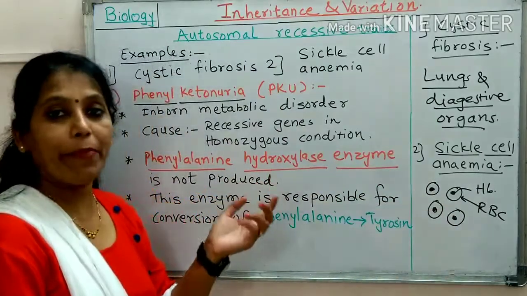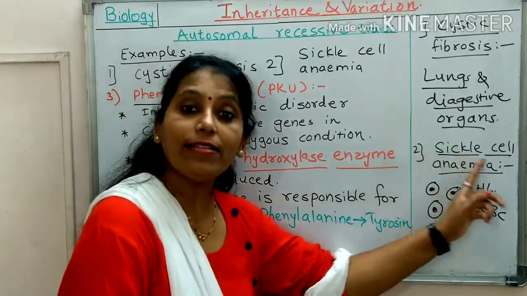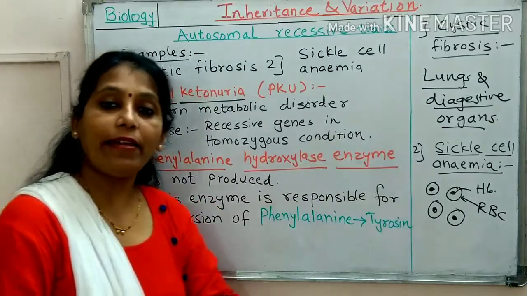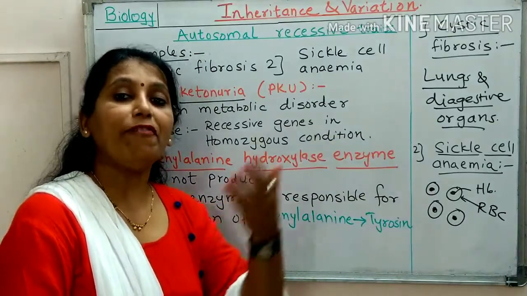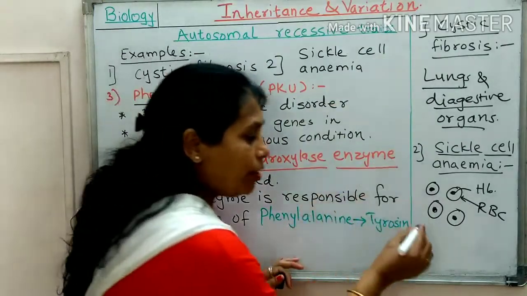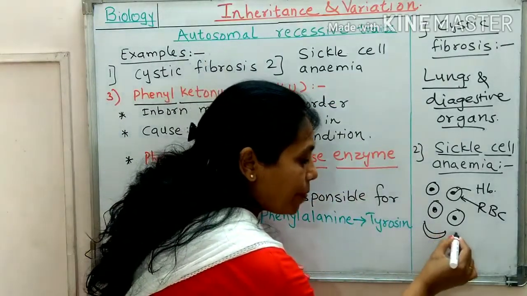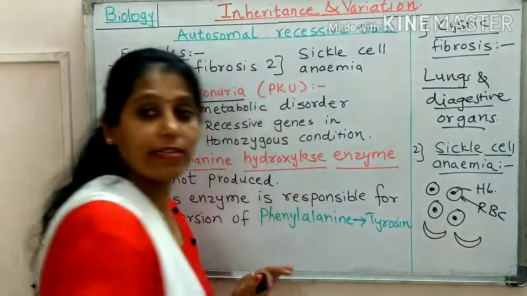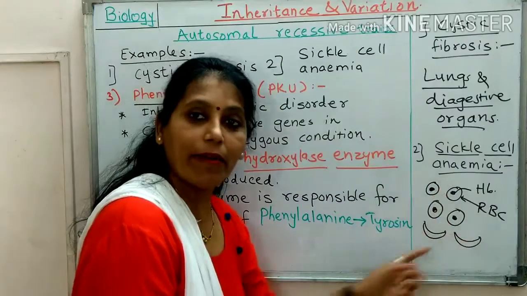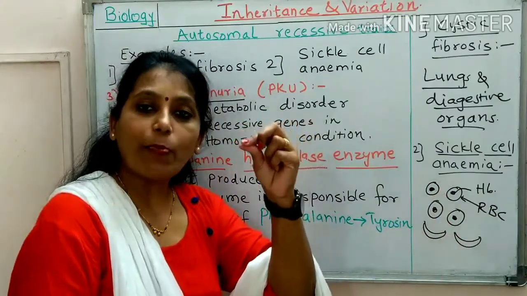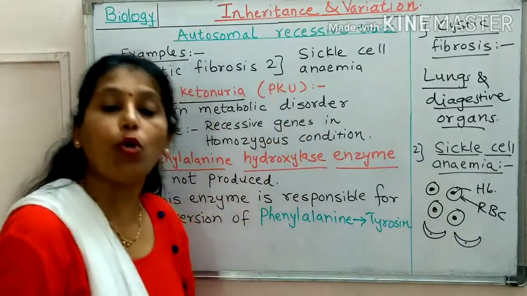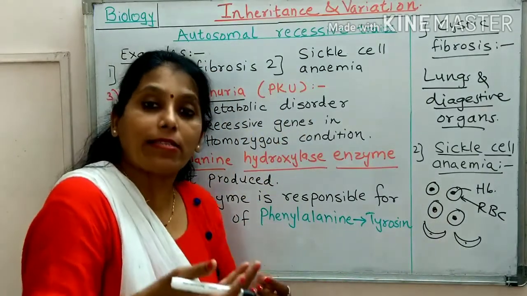But here what happened? Sickle cell anemia is an inherited disorder. Inherited means the disorder is received from the parent due to a recessive gene. In this condition, the RBC shape becomes sickle like this. Instead of oval or rounded shape, the RBCs become like this. So the inner space is reduced. Okay. So hemoglobin is not getting space.